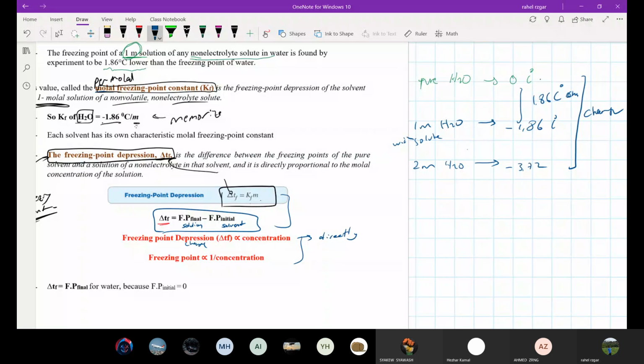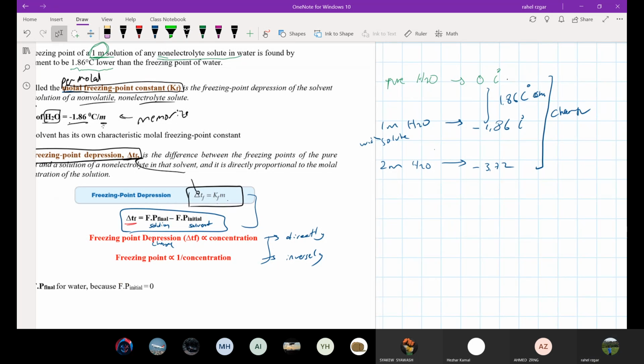That's why this one is directly proportional. This one is inversely proportional. Why? Pay attention to this one. I have increased concentration from 0 molar, pure H2O, to 1 molar, then to 2 molar.